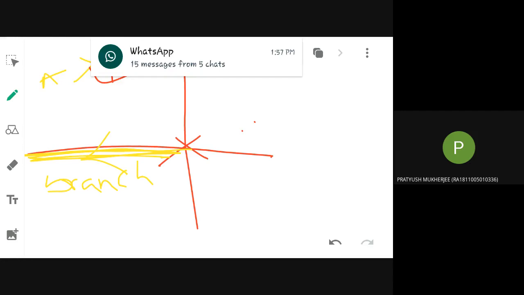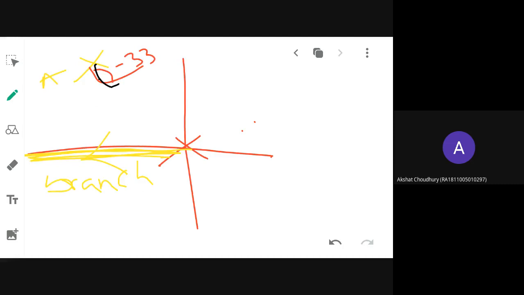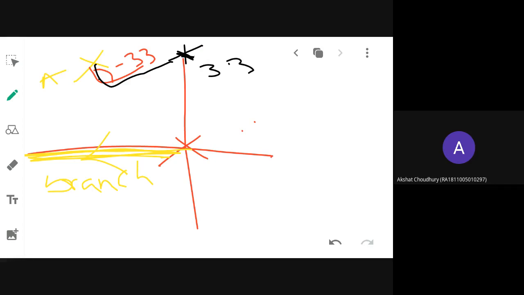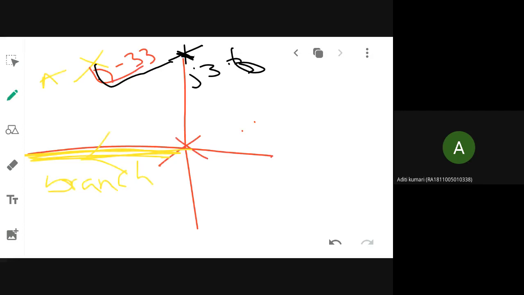Just now you have derived the omega value, 3.6. So this should be j 3.6. Understood? This is branch 2.